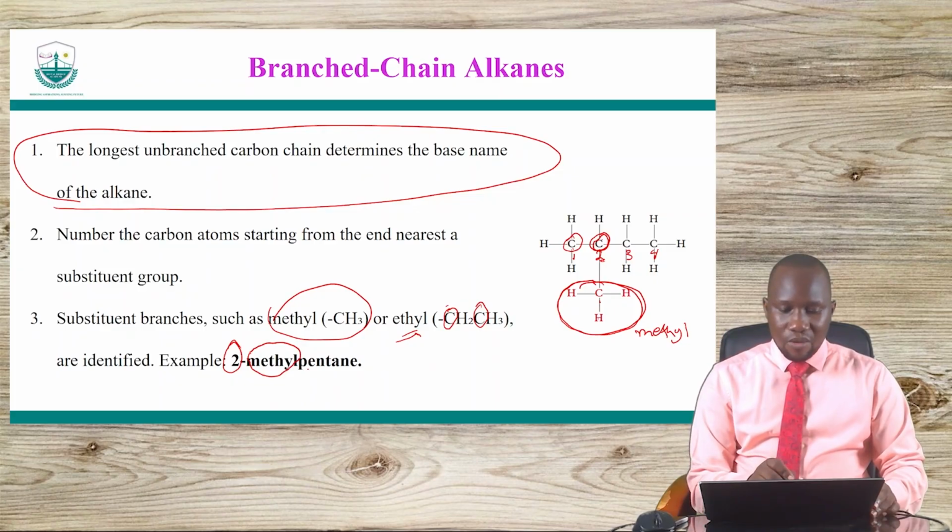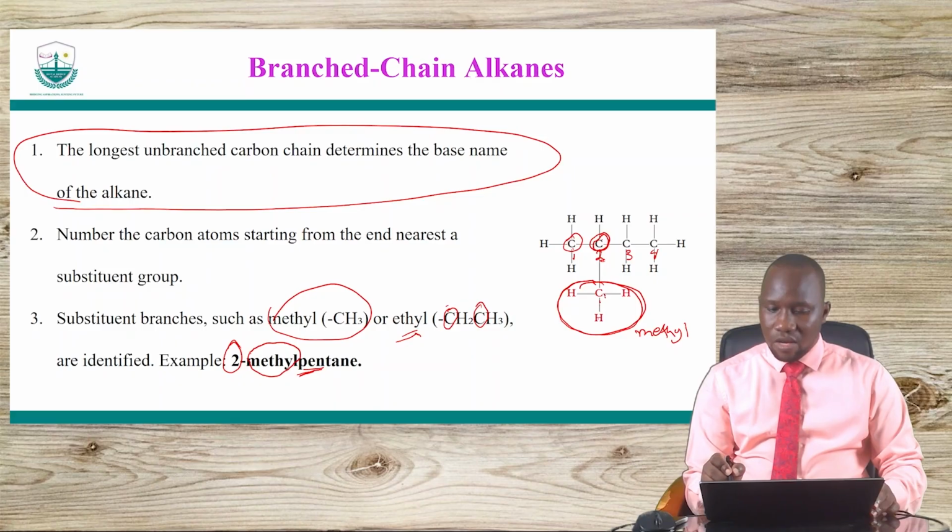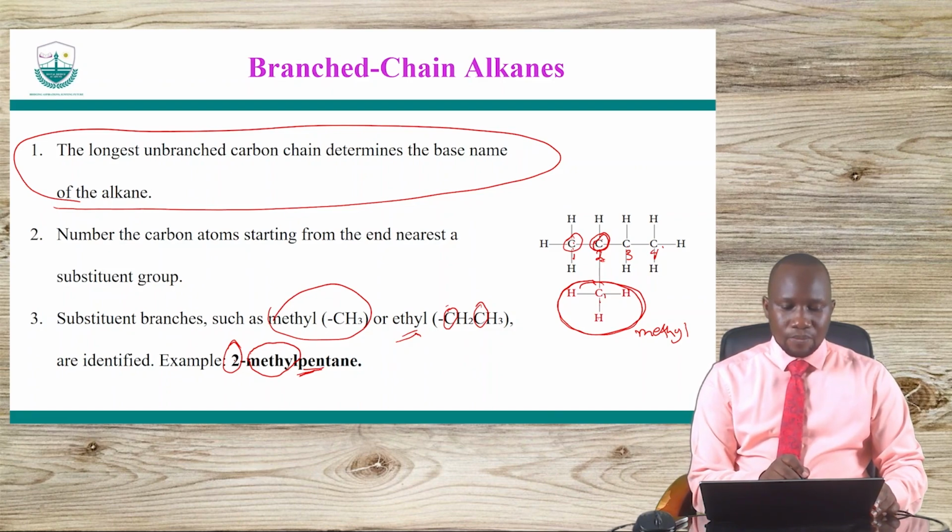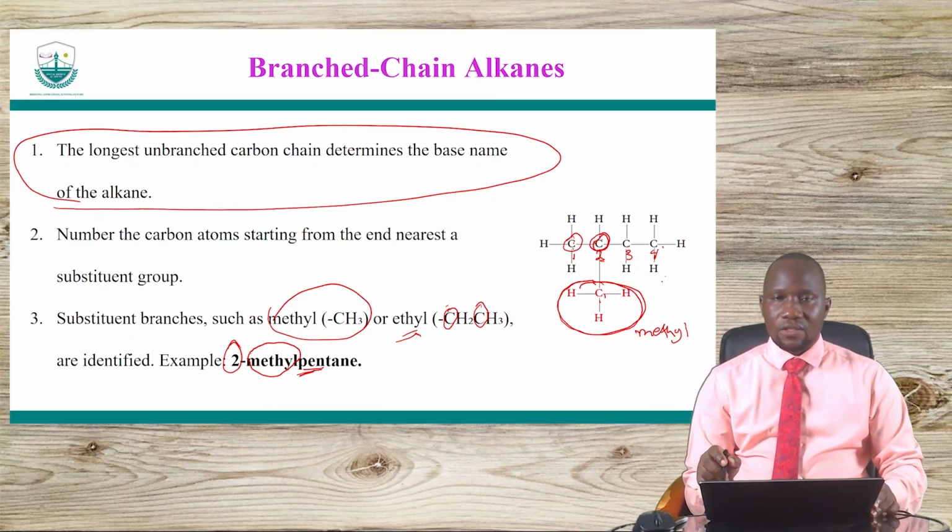There are 5 because of the pent. So we have 1, 2, 3, 4, 5 carbon atoms. So that is 2-methyl pentane. That's the name of this compound. Okay?